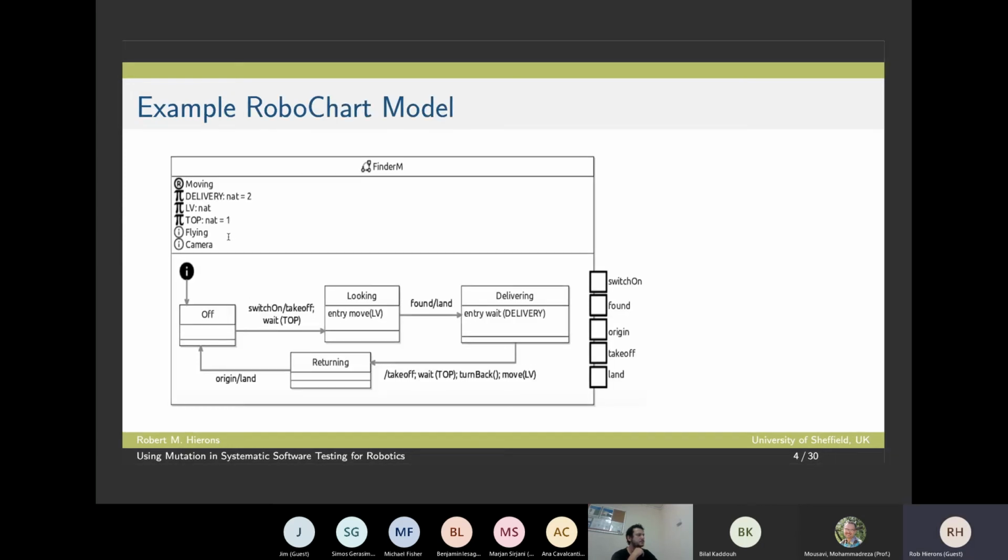So our models are in a language formalism called RoboChart. This was developed at the University of York. Please see that Anna and Jim will talk. Essentially they're state machines. In terms of the mutation work, we're interested in the state behavior. So we have states and we have transitions between states.